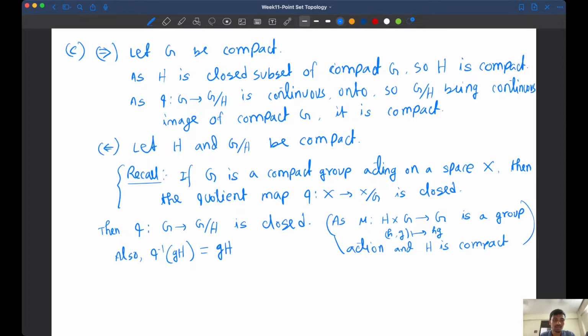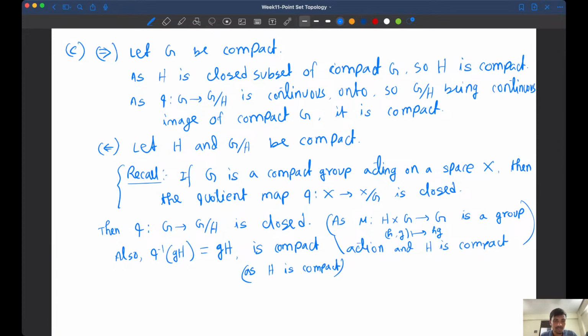And it is again a continuous image of a compact set, because left multiplication is a homeomorphism, in particular a continuous map, and this is the image of H under that left multiplication. So it is compact as H is compact. So you have a closed continuous surjective map such that the inverse image of each point is compact.